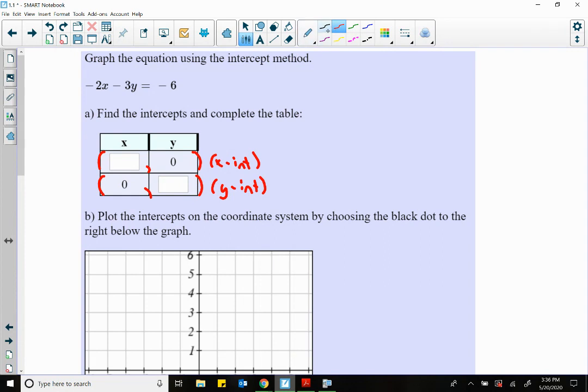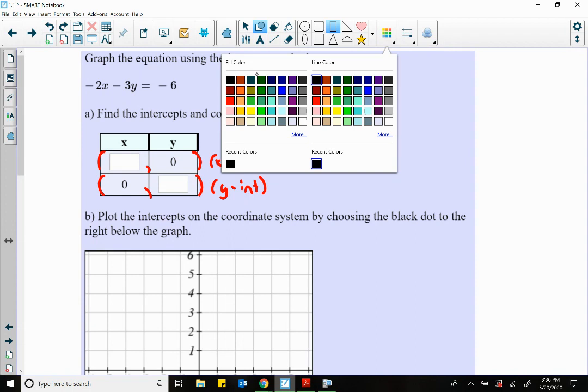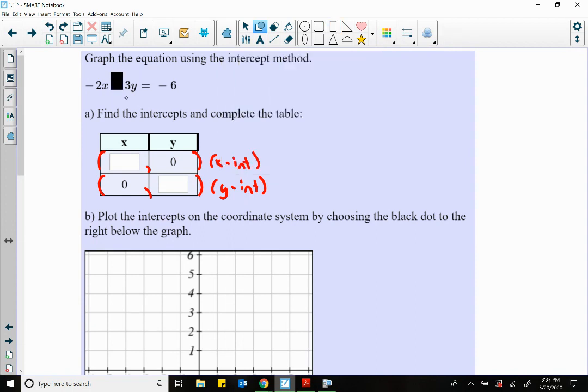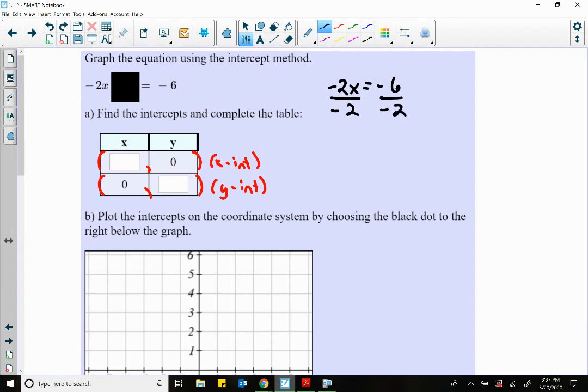Since we are in standard form up here, we can easily do the cover-up method to find those two pieces of information. So if I want the x-intercept, I just cover up the y. What do we have left? Negative 2x equal to negative 6. Divide by negative 2, divide by negative 2.